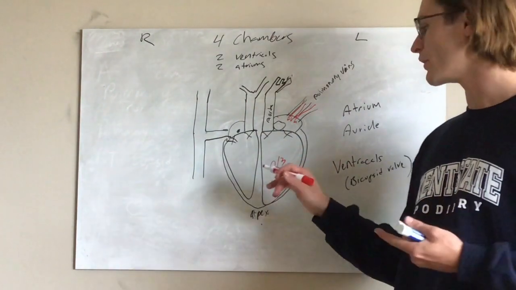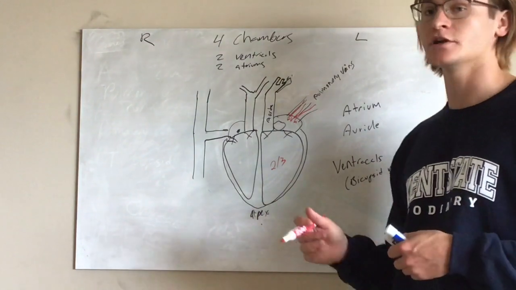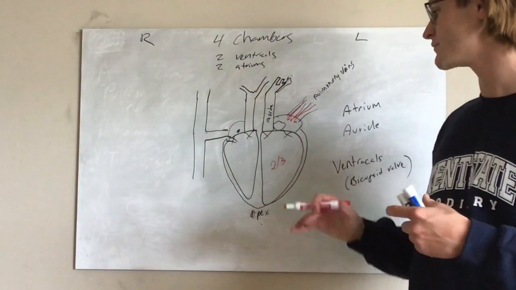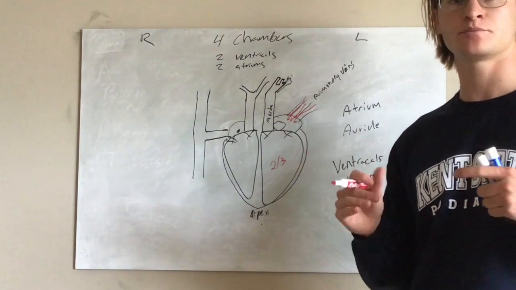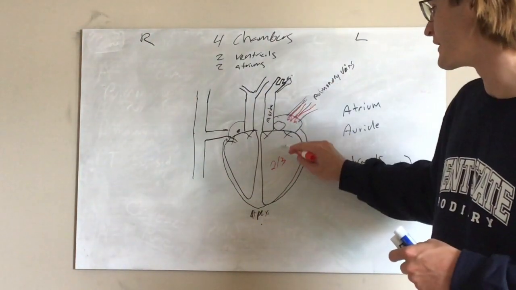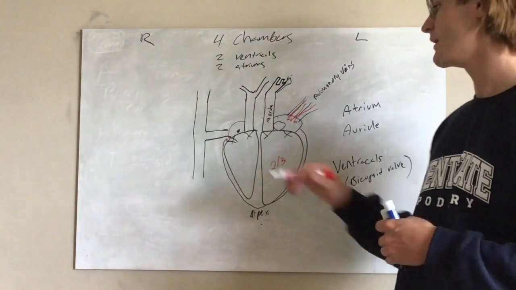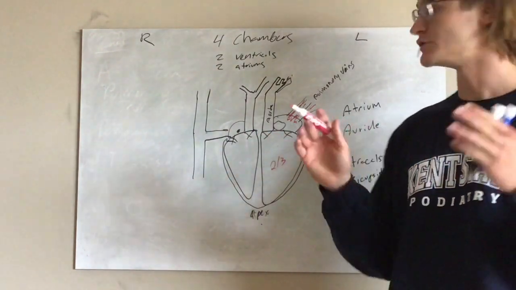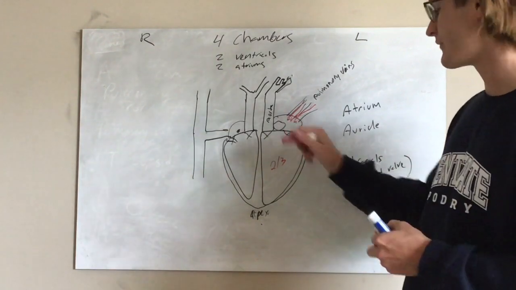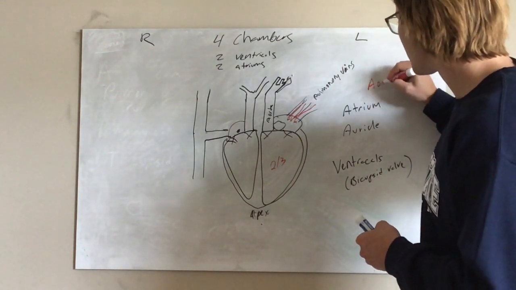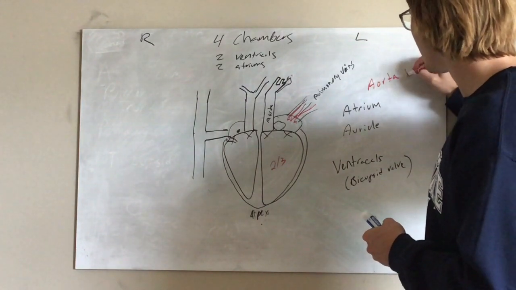The remaining 1/3 of the ventricle is filled using both the auricle and the atrium and the surrounding muscle, which push with a lot of pressure, filling it enough to open up your aortic valve. So you have the aorta, and it has the aortic valve.